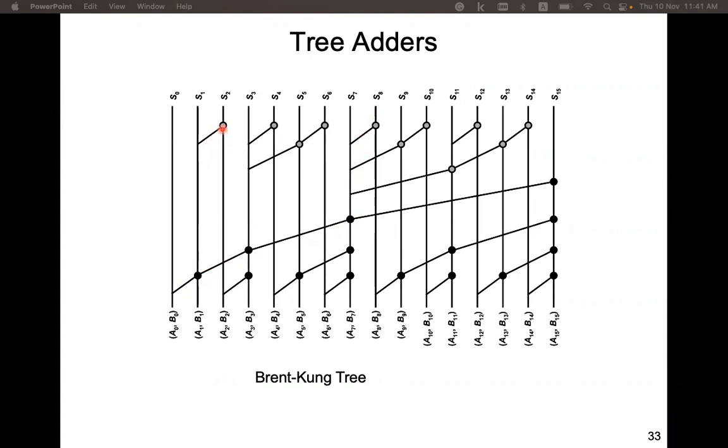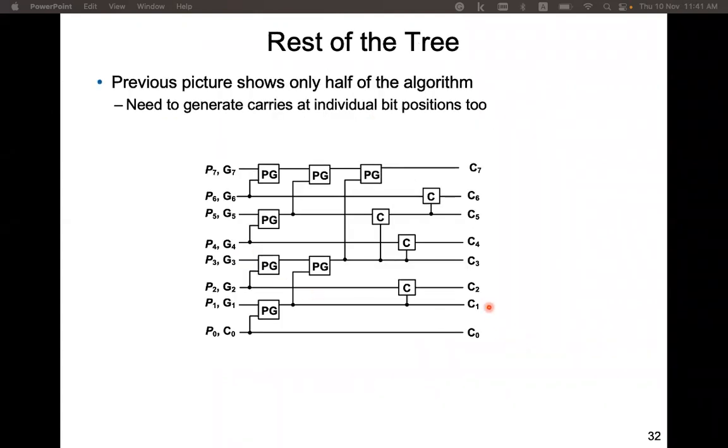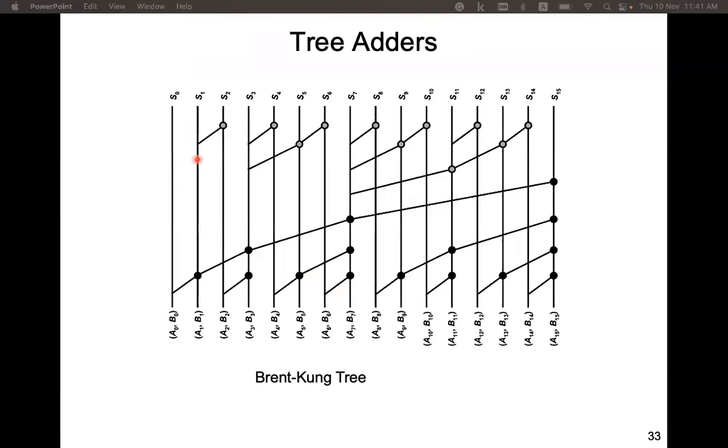And for C1, C2, you have this block like this. It's just turned vertical and extended to 16 bits. And this is one kind of tree.